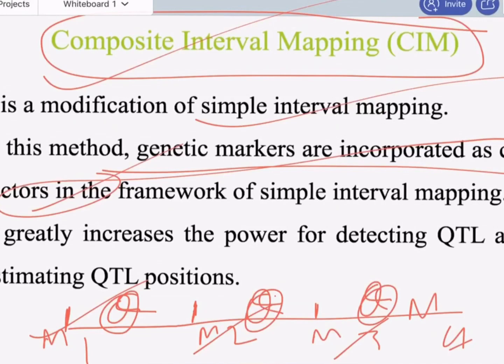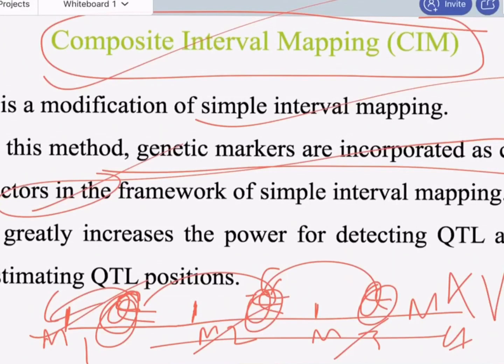By eliminating the genetic variants occurring between these QTLs and the others. In this type of interval mapping, genetic variants caused by the other QTLs are eliminated, and hence the residual variance is reduced, and that's why the power of detection of QTL is high in this method.